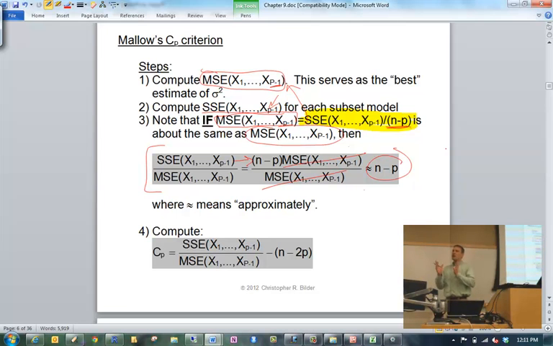So if a particular model of interest has a value for this ratio of n minus p, then it says, oh, that seems like a reasonably good model because I'm doing just as well with this model as if I were to use a model that had all predictor variables in it. There's one last step.